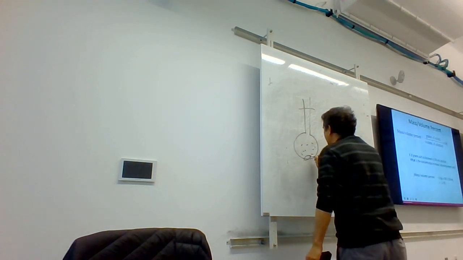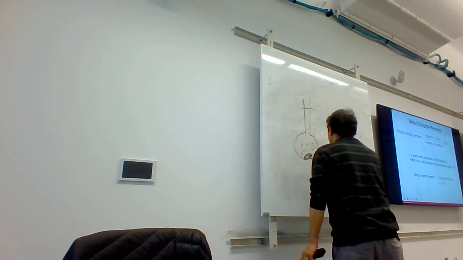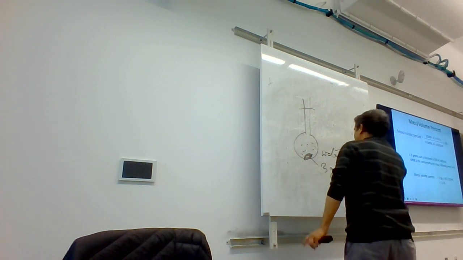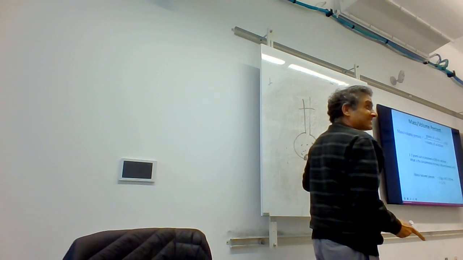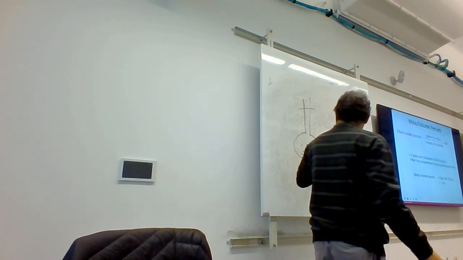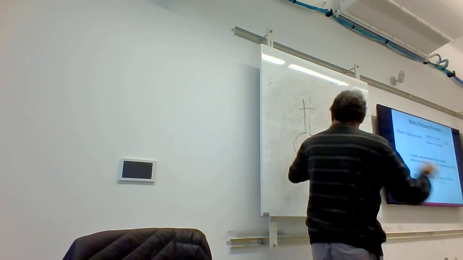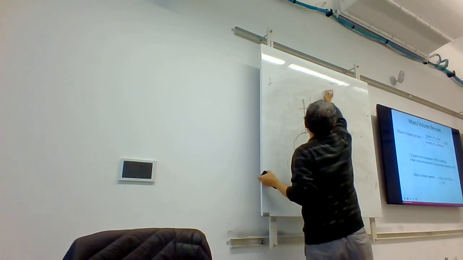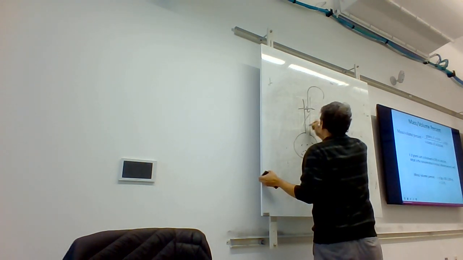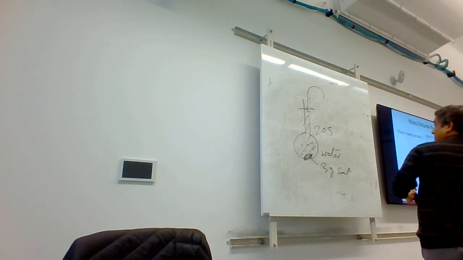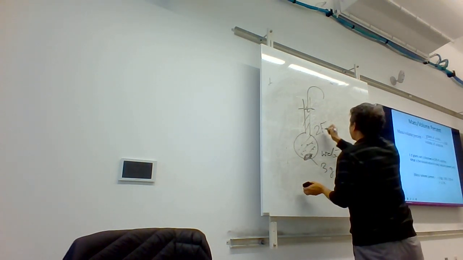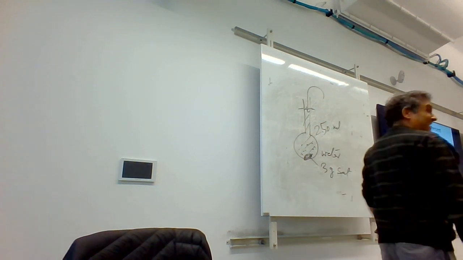I put the 3 gram salt here at the beginning. I go to the balance, get the 3 gram and put it here. And I put a little bit of water, shake it and dissolve it. Then I add water up to here so that this whole thing becomes 250 ml. You got that?